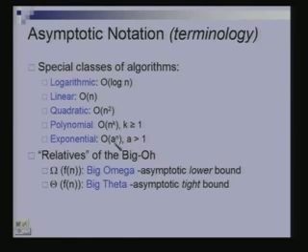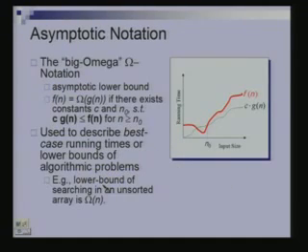So till now I have only introduced to you the big O notation. We also have the big omega notation and the big theta notation. The big omega notation provides a lower bound. A function f of n is omega of g of n if a constant times g of n is always less than f of n in the limit, whereas earlier it was more than f of n.